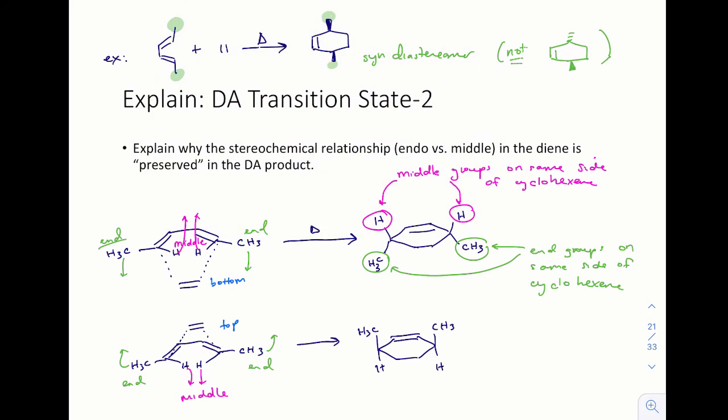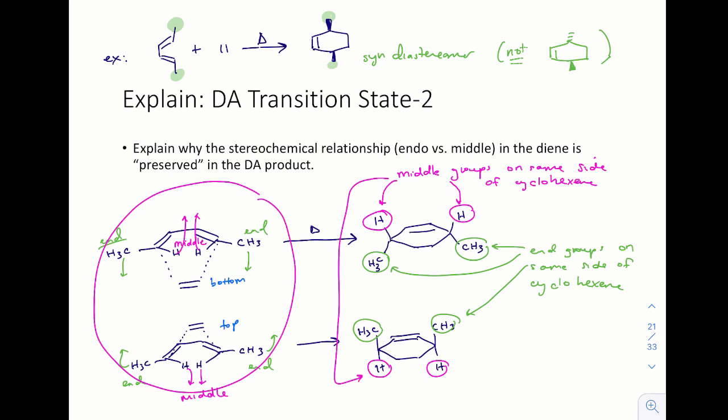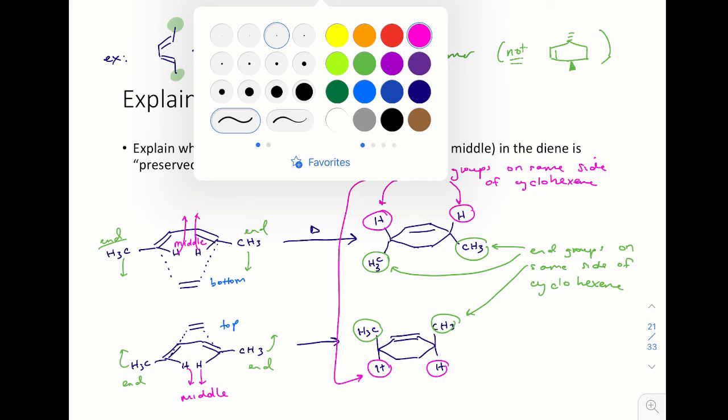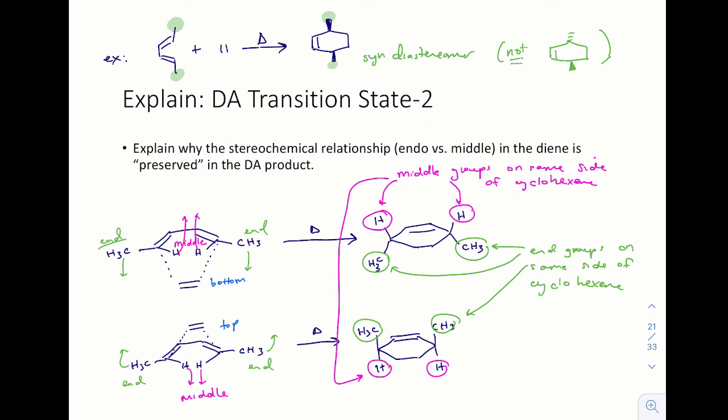This time, it's just the top face. The middle groups, they end up on the same side, same face of the cyclohexene. This time, it's just the bottom face. Okay, attack to either face of the diene is equally as likely. When the product is chiral, these two different transition states lead to the two different enantiomers. In this case, this is an achiral product.